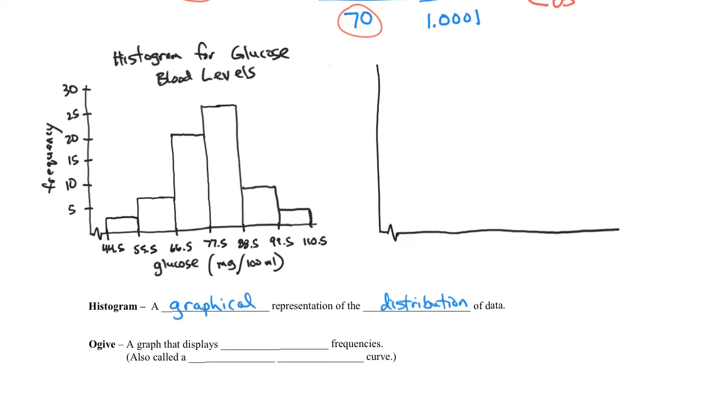You don't have to do it. So this is going to be exactly the same. These are the same numbers for the horizontal axis. So I can put these in here. And get one more, 110.5.